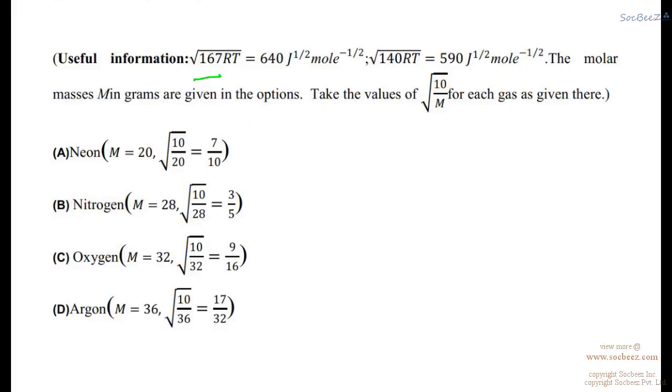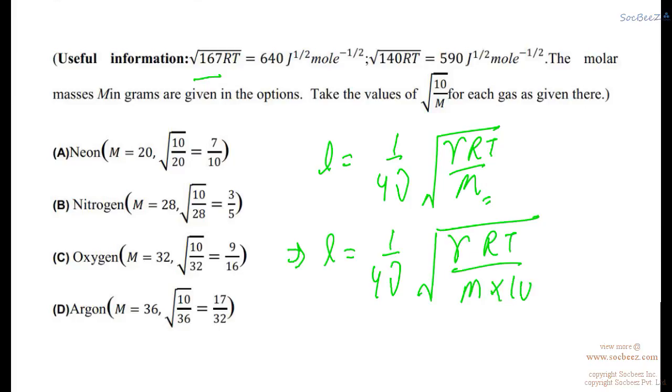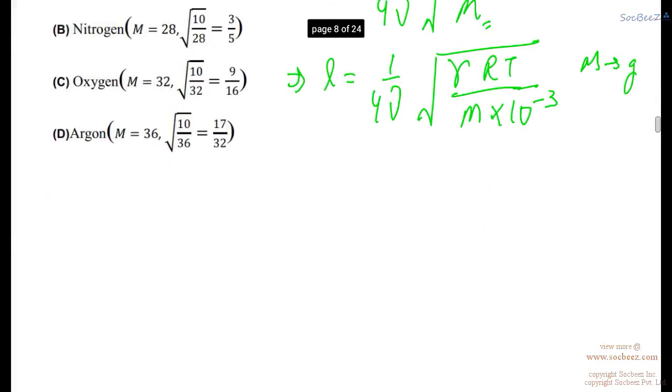Okay, now since we know that L equals 1 upon 4 nu under root gamma RT upon M, where M here is in kilogram. So after converting it into gram, we get L equals 1 upon 4 nu under root gamma RT upon M into 10 raised to the power minus 3, where now M is in grams.